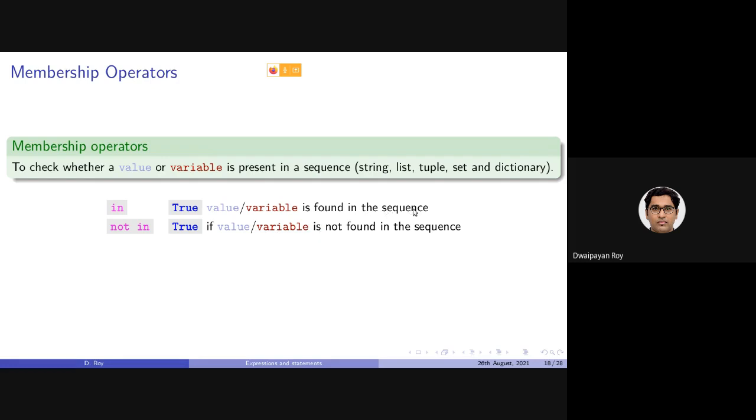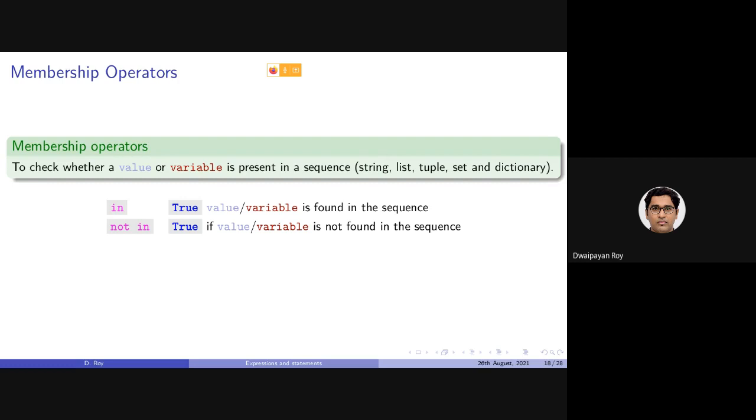Now, what is a sequence? A sequence is basically a string, list, tuple, set, or dictionary. Strings we'll be discussing in a short while, and in the latter part we'll be discussing all of them. These four components are basically the strongest pillars in Python: list, tuple, set, and dictionary.